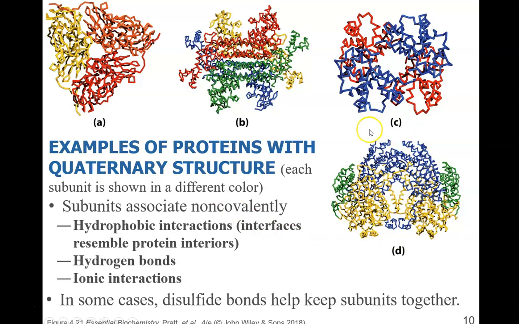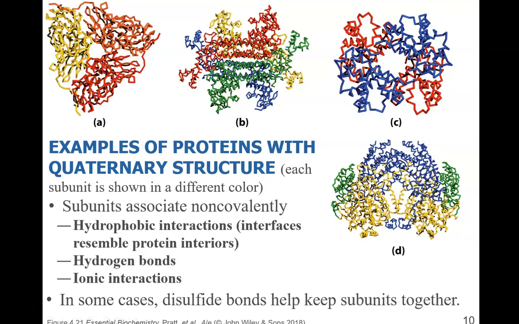So one of the things that we should keep in mind is that what keeps these subunits together is typically they're associated non-covalently. So if we look at this protein right here, the hydrophobic effect is still very much in play here, and the interfaces of these individual monomers will have hydrophobic amino acids because they are literally in the interior of the protein.